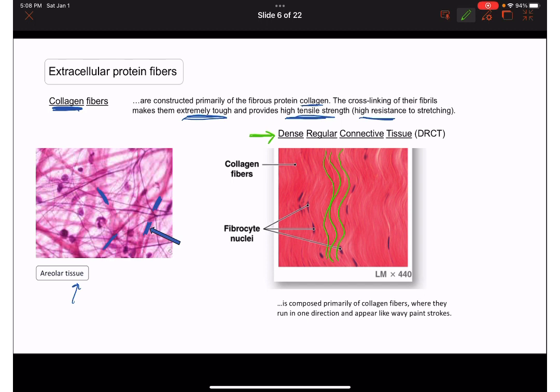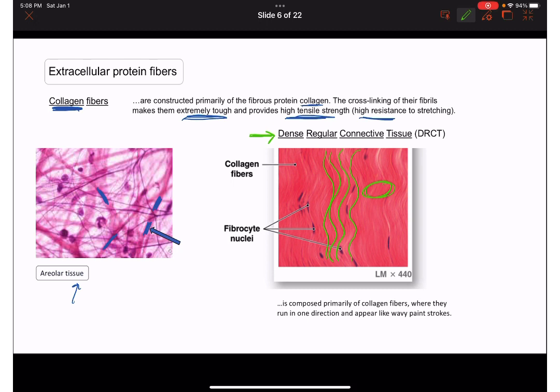It's almost like you stuck your fingers in red paint and you just ran them down a sheet of paper. So all of this red material represents collagen fibers.